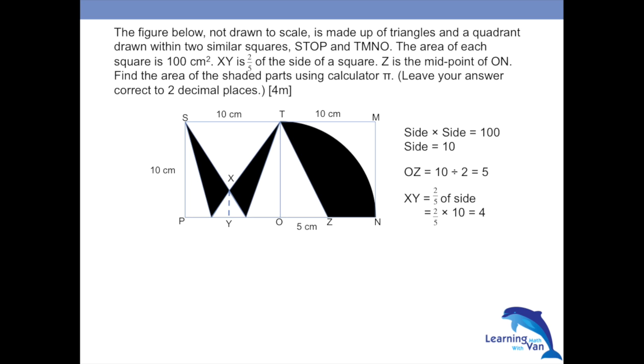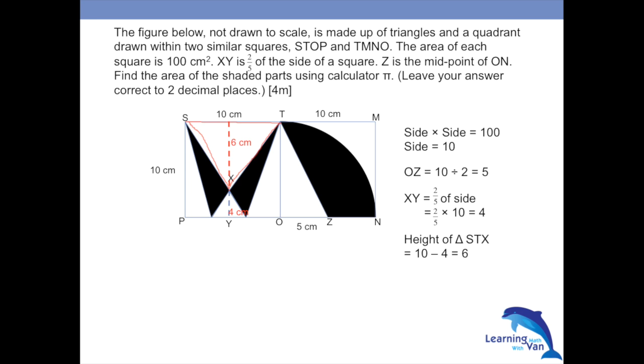And then if we know XY is 4 centimeters, maybe you want to highlight this S, T, and X triangle. Bring your attention to this triangle right now. Another triangle, isn't it? Because we know XY, we will know the height of this triangle STX, which is 10 minus 4, 6 centimeters.